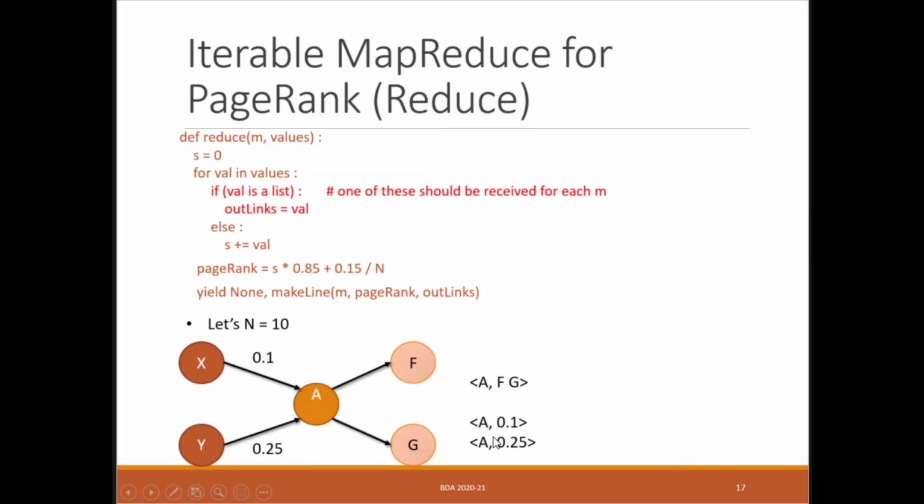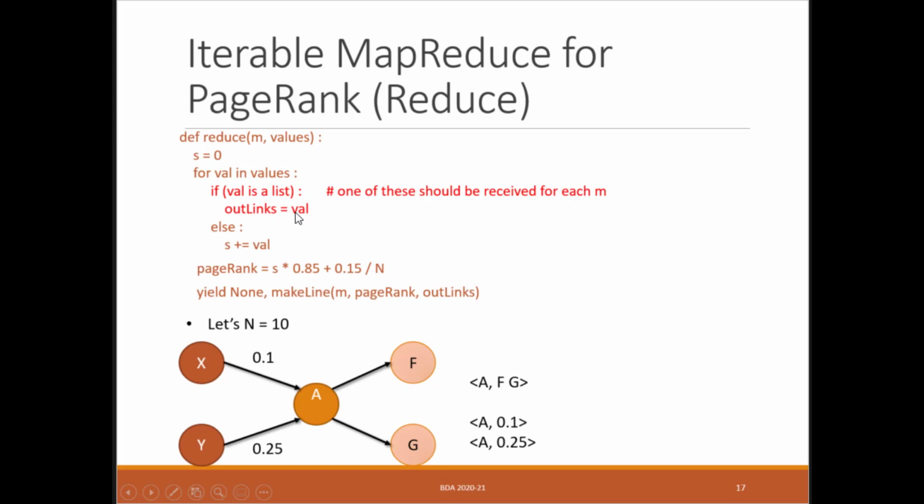This slide presents the modified reducer. This function uses the outlink lists produced by the mapper to include the outlinks of nodes in the output files. The if clause here is responsible for analyzing the outlink lists.